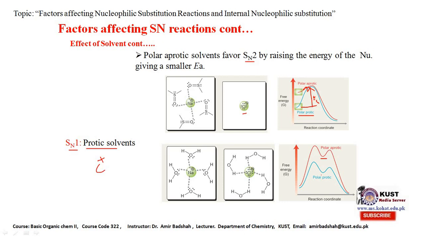Here in the protic solvent, this carbocation which is formed is stabilized. So when a stable species is formed, that reaction will proceed fast compared to one where an unstable carbocation is formed. So in the polar protic solvent, the intermediate, the carbocation, is stabilized, so this reaction will proceed fast compared to this one where the polar aprotic solvent has been used.